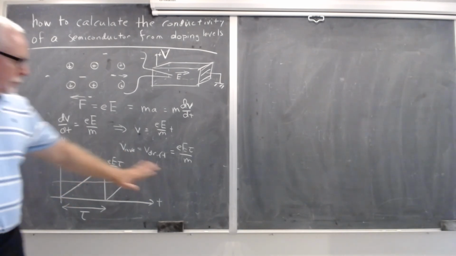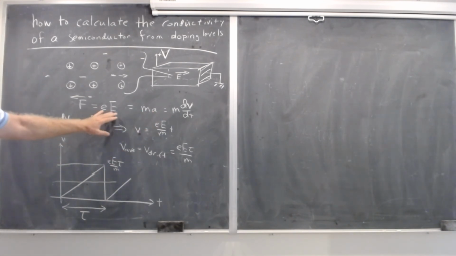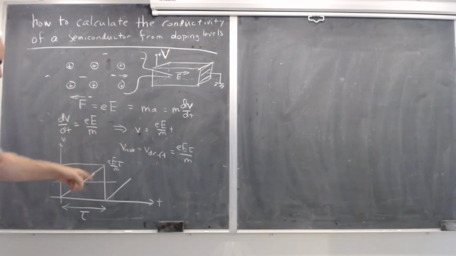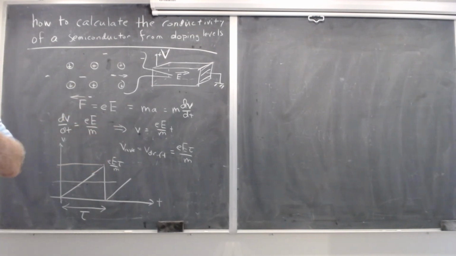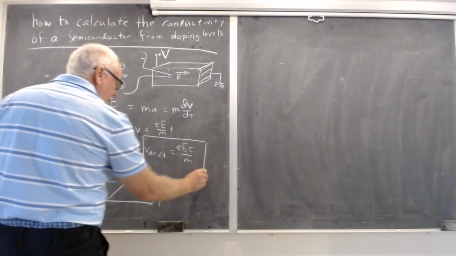So you just have to remember that in this F equals ma, F is the charge times the electric field. The average velocity is actually the peak velocity obtained in the one-dimensional situation. That's how I want you to remember it. And so you can put a box around this.